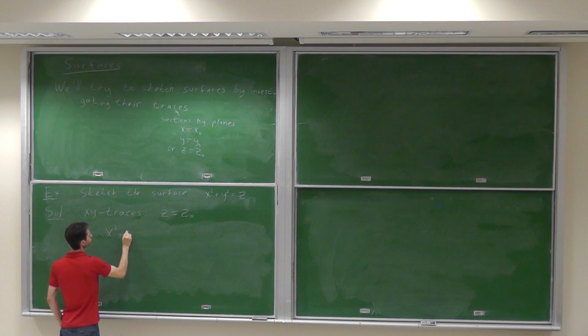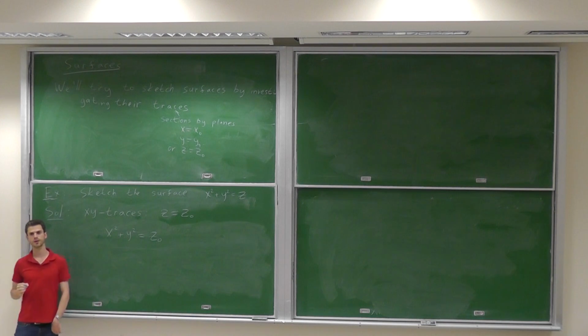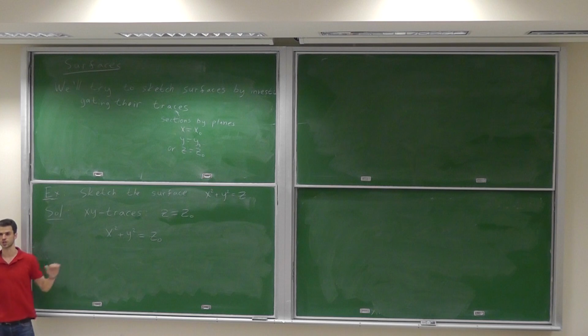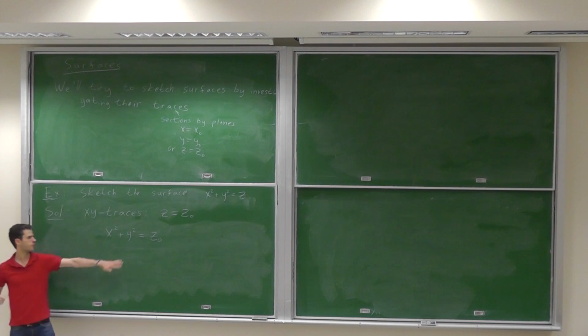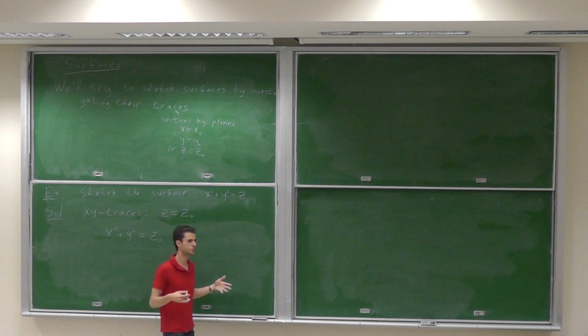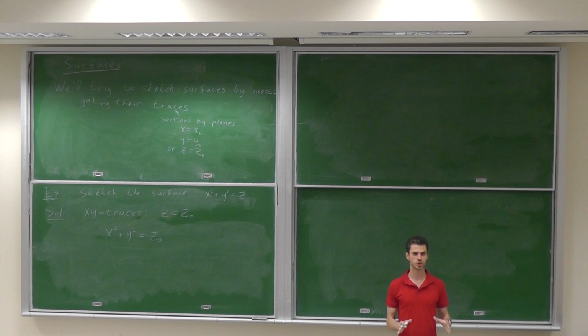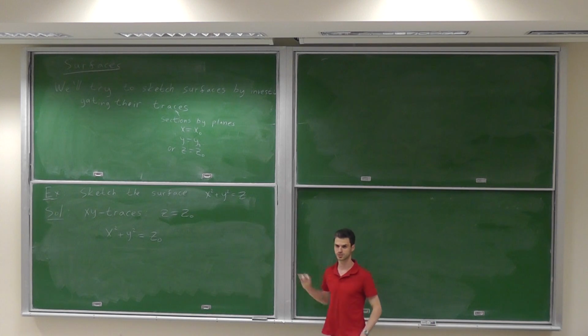If you look at the equation x squared plus y squared is equal to some number, what is this shape? Now, this z0 is not the height, it's not the third coordinate, it's just some number. What kind of shape is described by the equation x squared plus y squared is equal to some number?